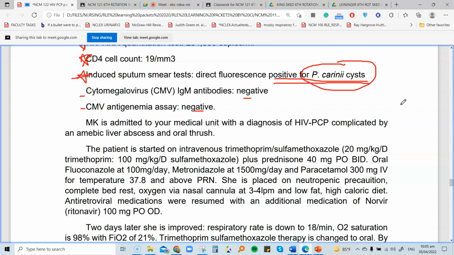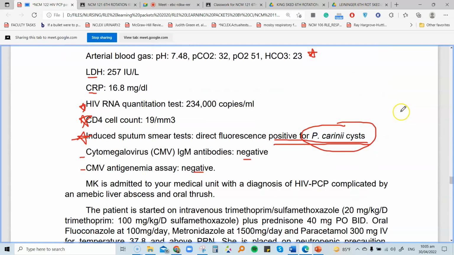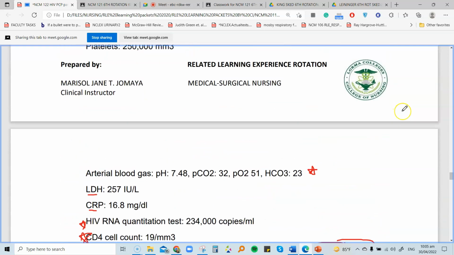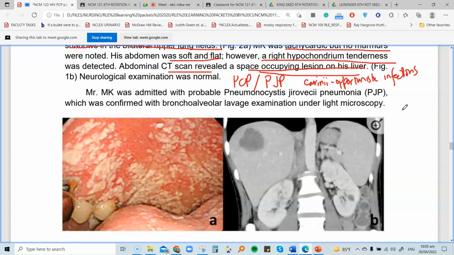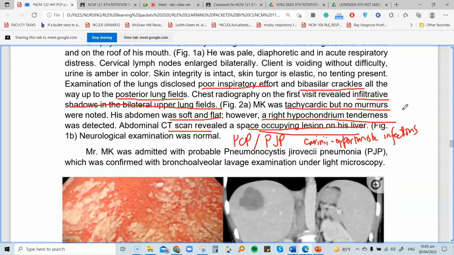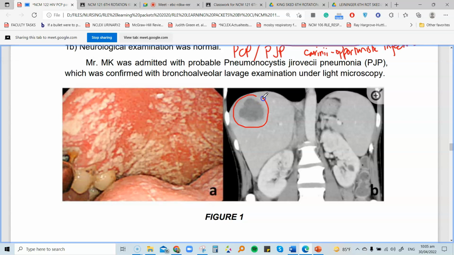So, your patient, after all of this has been identified. Naku, asa na yung CT scan result natin? Walang CT scan. Space-occupying lesions lang talaga. Space-occupying lesion on this particular area. Ito, that's your space-occupying lesion.